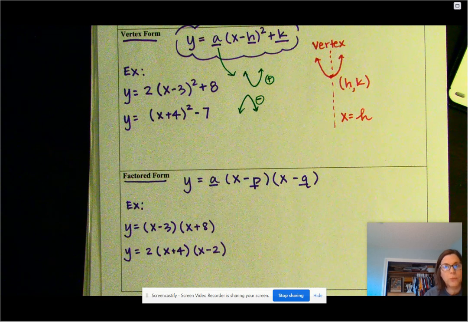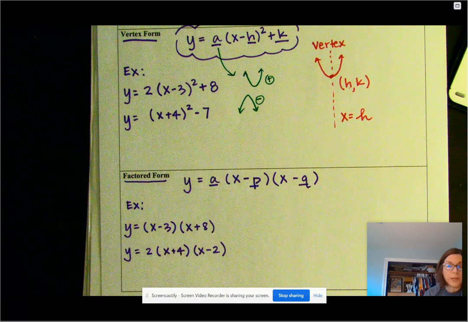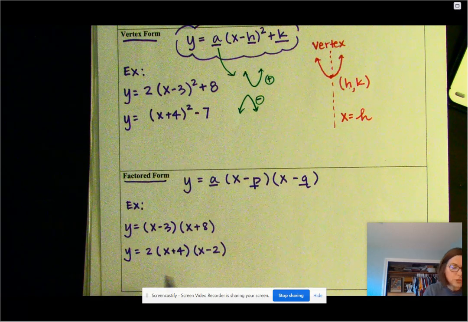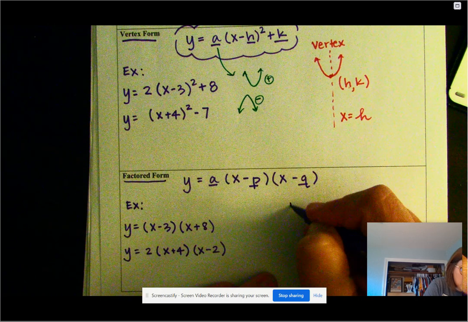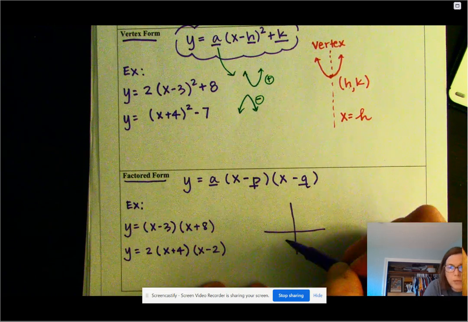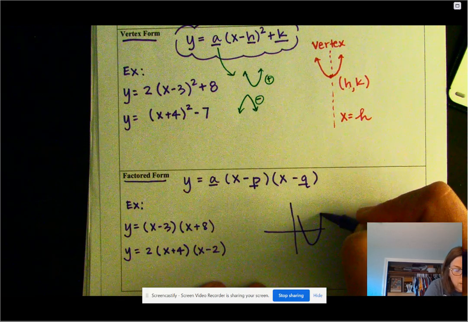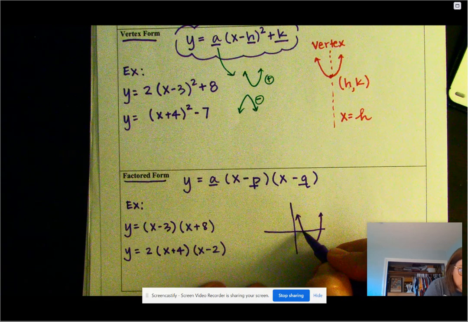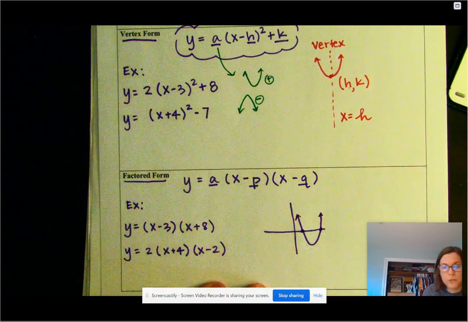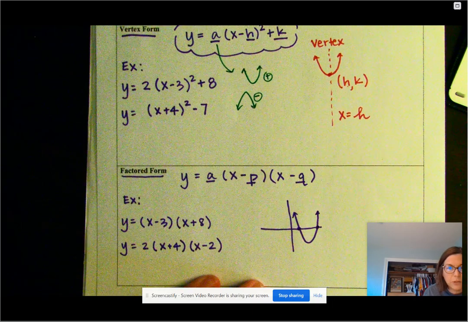Solving quadratics, we oftentimes will set them equal to 0 and find the solutions. And when we were talking a bit earlier, because a quadratic is U-shaped, it often will hit the x-axis in two spots. We have different names for those. Those are called the roots, or the solutions, or the x-intercepts.